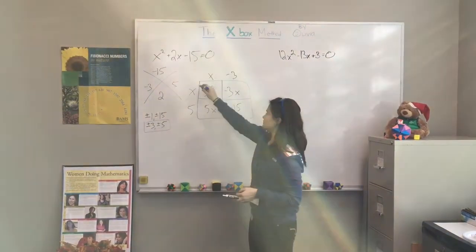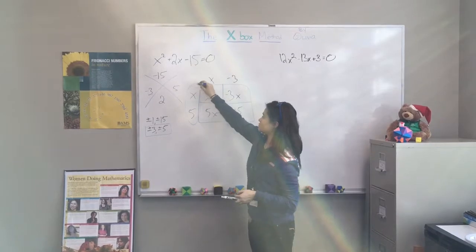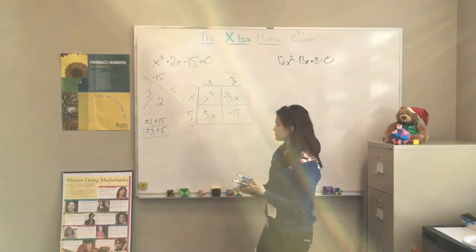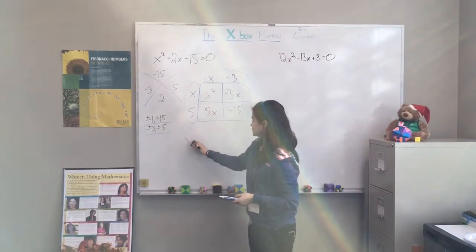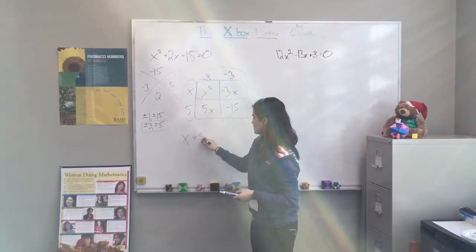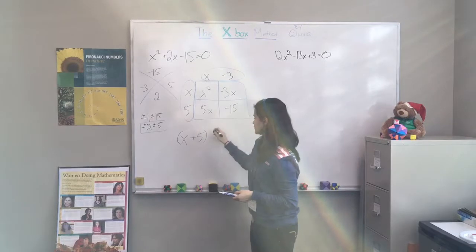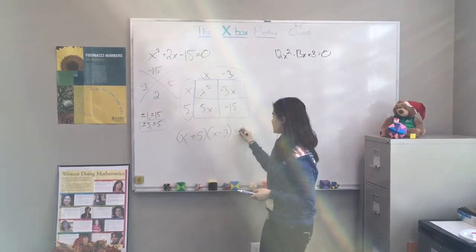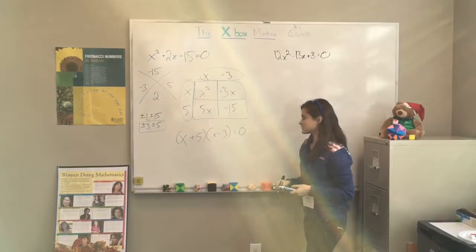From here, the ones on the side that you pulled out and the ones on the top that you pulled out is actually your factored form of the original equation. So if we were to rewrite it to look more like this, you can see that this is the factored form of that quadratic equation.